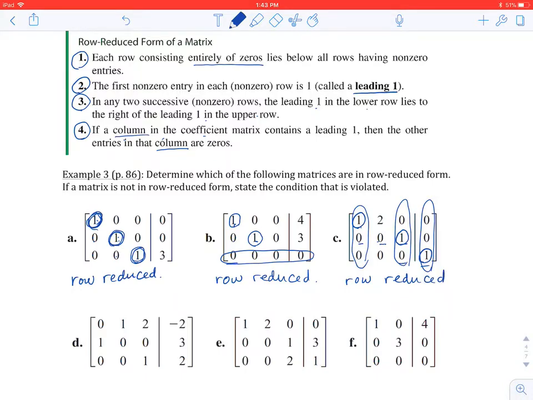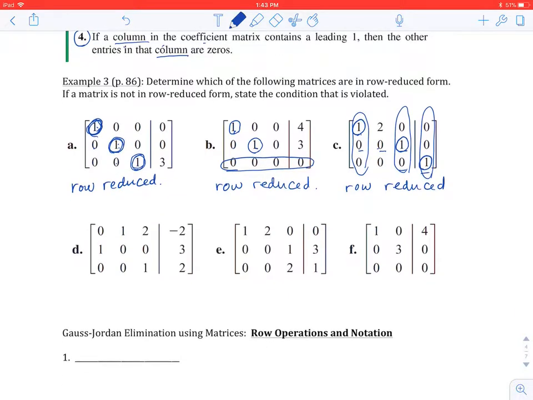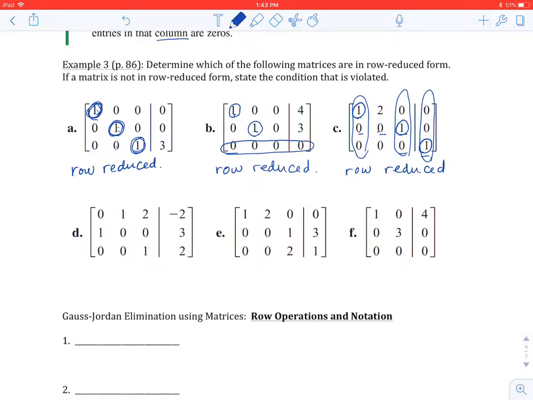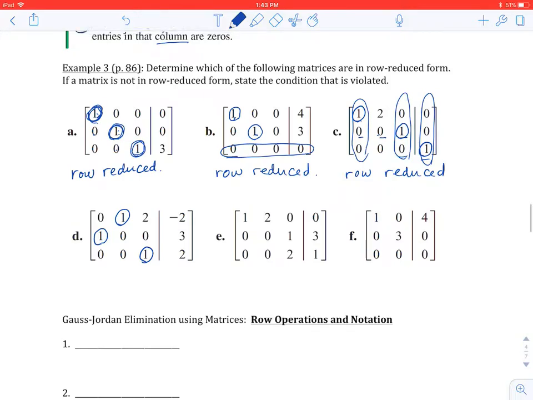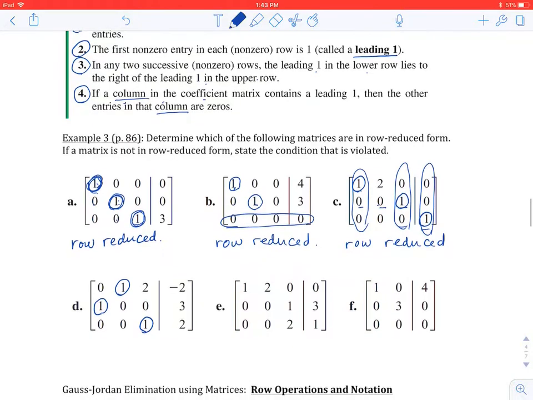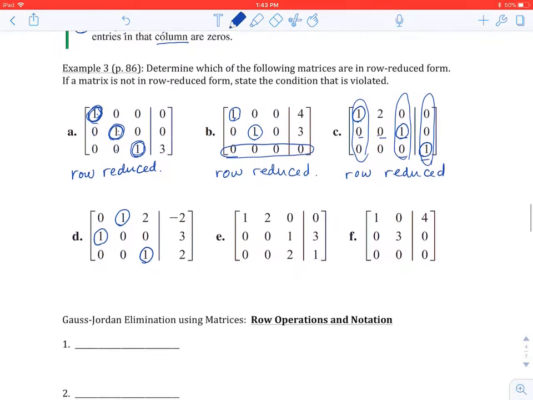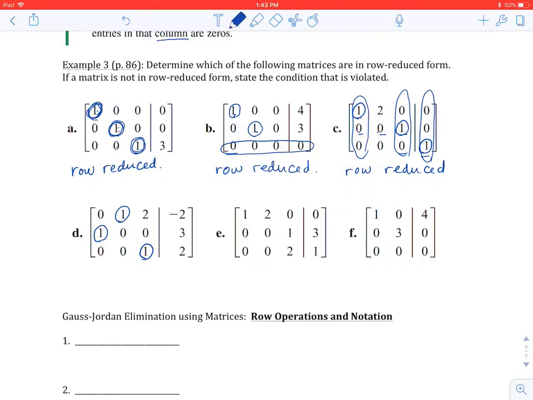It satisfies all 4 parts. Okay, let's slide this up and take a look at D. All right, there's no row of all zeros, so we don't have to worry about that. Each row either starts with a 1 or some zeros and then a 1. Oh, but we've got some problems. If we look at number 3, the 1s do not go down and to the right. So it fails number 3.